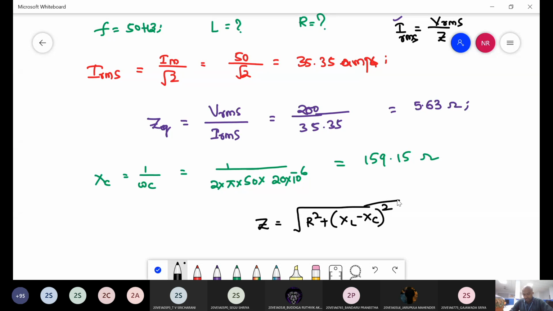We have to find the resistance and inductance of the coil. How do we calculate the XL value?